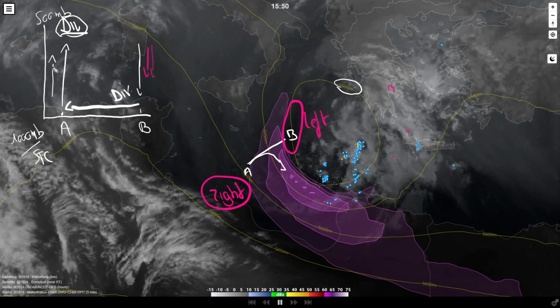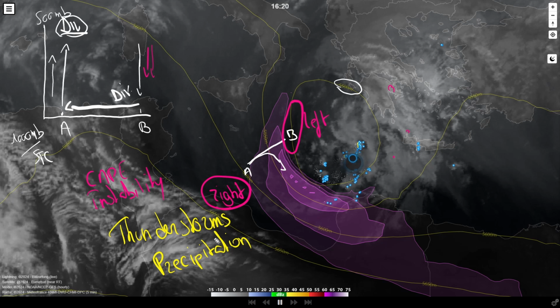If in this upward motion the air is buoyant enough and there's CAPE and instability, it's an ideal location to look for the initiation of thunderstorms, or the strengthening of existing thunderstorms, or regions to look for precipitation.